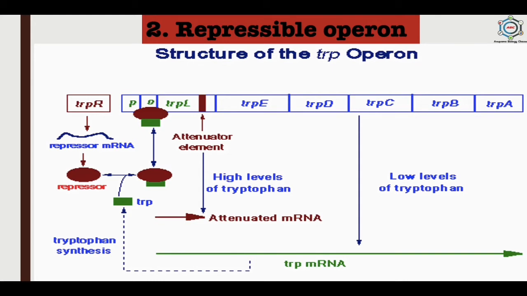The tryptophan operon comprises 5 structural genes denoted as TRPE, TRPD, TRPC, TRPB and TRPA that lie together on a chromosome. The advantage of grouping the functionally related genes into one transcription unit is that a single on-off switch can control all of them.